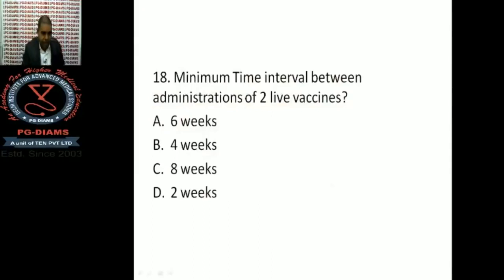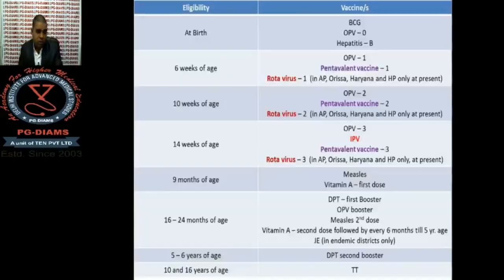Moving to next question, minimum time interval between administration of 2 live vaccines. The answer is 4 weeks. Okay, as you all know that at the age of 6 week, 10 week and 14 week, 3 doses of injection are given, and there is a gap of 4 week in all those 3. Also, why we take this gap of 4 week?